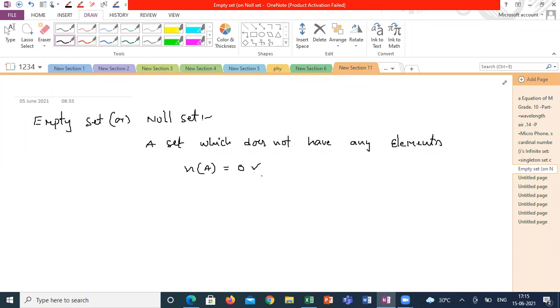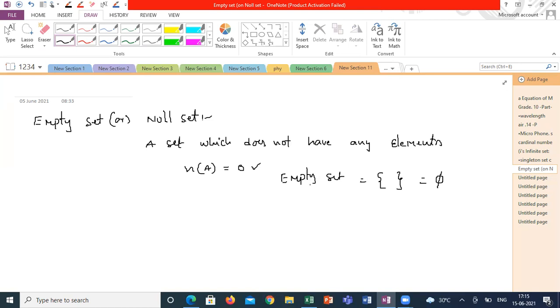Generally, the empty set will be represented like this. This is the symbol for the empty set, guys. It looks like phi. We will represent the empty set with this.